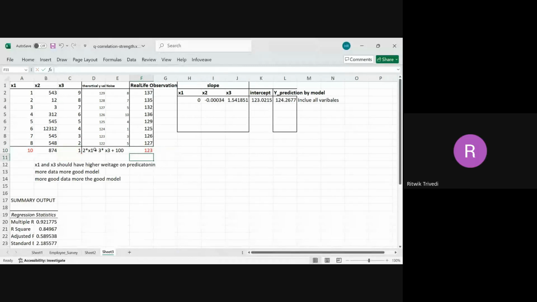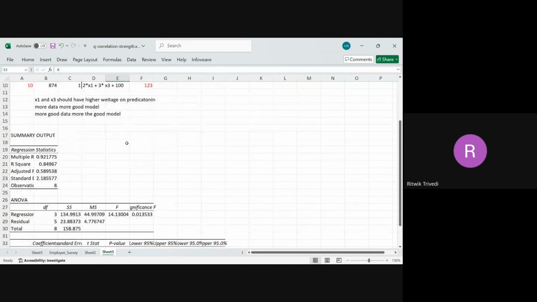So this noise, are we calculating it from x1, or from the real life observation? The noise is the random value. Okay. Noise are random values. Okay.